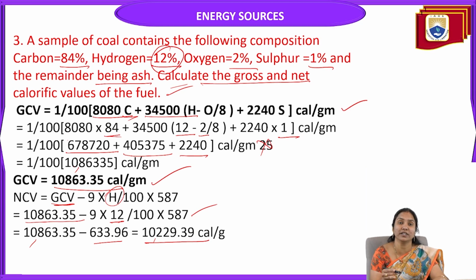We cannot consider the latent heat, that means the cooling of combustion products to room temperature. Only the exact amount of heat liberated is considered. That's why the formula is NCV equals GCV minus 9 by 100 H into 587 kilocalories per kilogram.